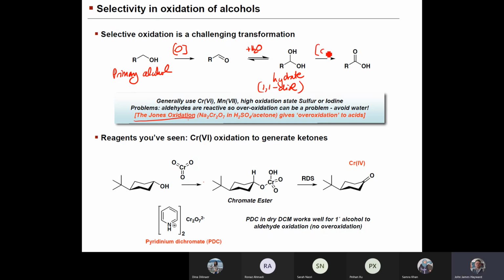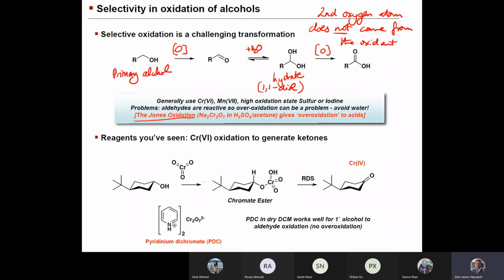And then a second oxidation gives us the carboxylic acid. Now, the really important part of this mechanism that I really want you to take home is that the second oxygen atom does not come from the oxidant.